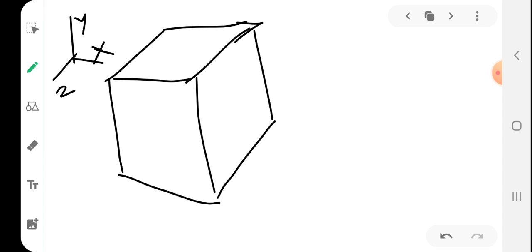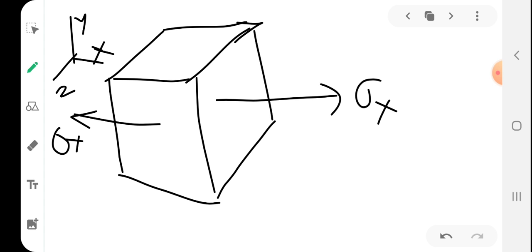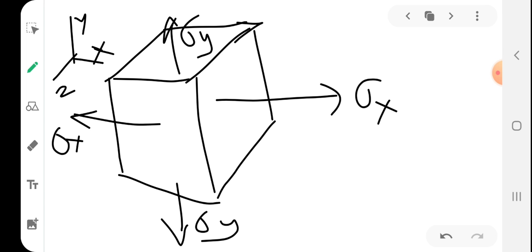Here we have sigma x in this direction, and sigma y. In the xy plane, tau xy is there.